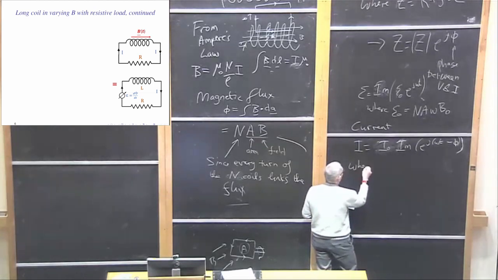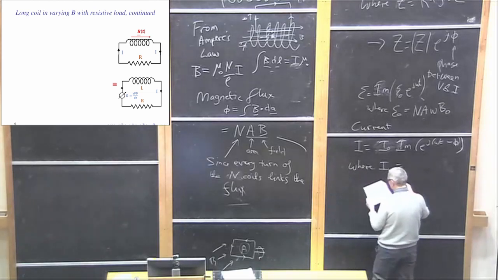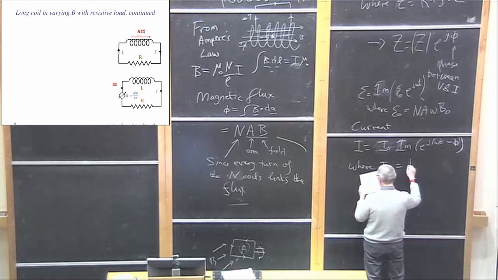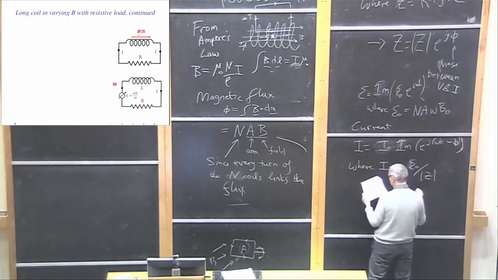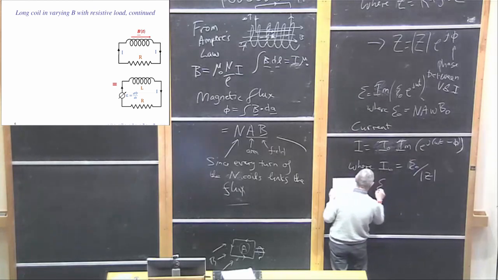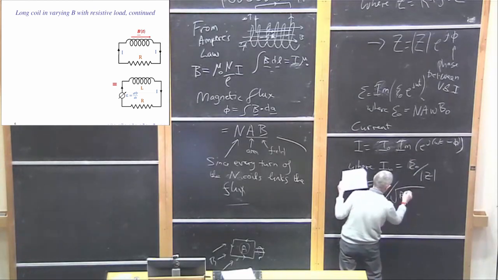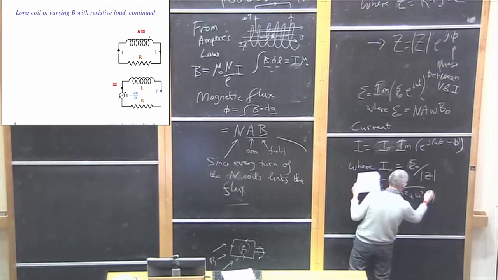I0 is just equal to epsilon naught over the magnitude of Z, which equals epsilon naught over the square root of R squared plus omega squared L squared.